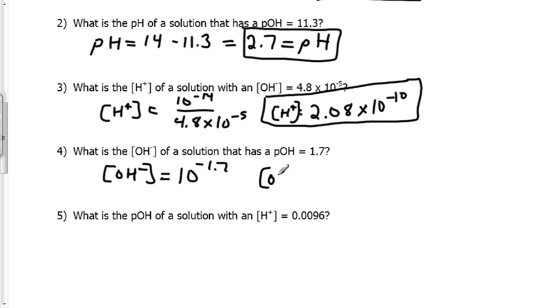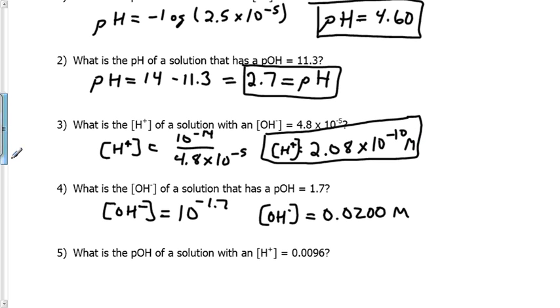So the concentration of OH minus is equal to 0.0200 molarity. We should put molarity on our concentrations.